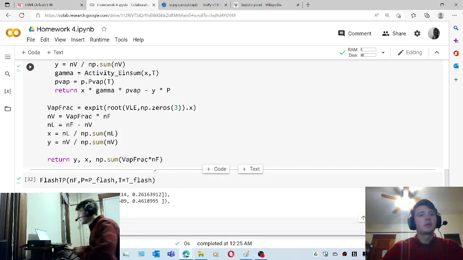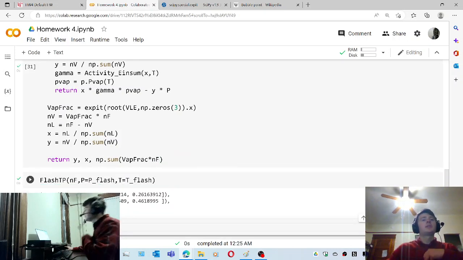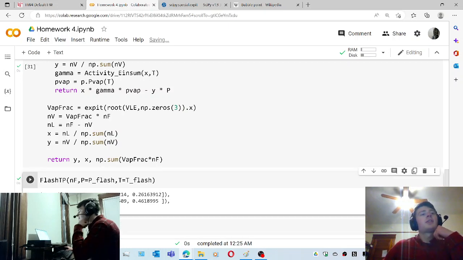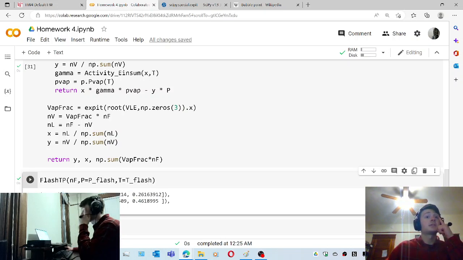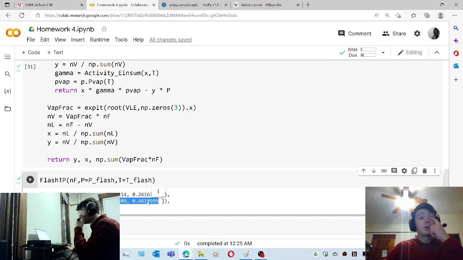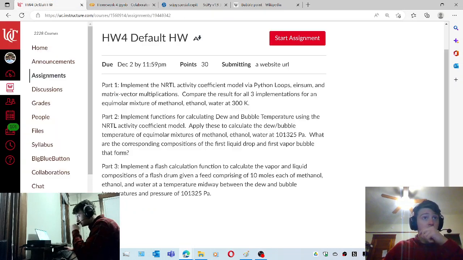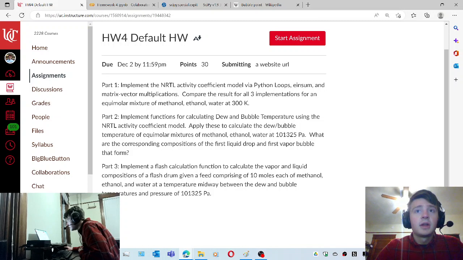So it's basically saying that of the 30 moles we started out with, 19 go into the vapor phase. The vapor phase's composition is this Y right here, and the liquid phase's composition is all those numbers. Is that answering the question the way I wanted it answered? Calculate the vapor and liquid compositions. Yeah, that's the way I understand it.